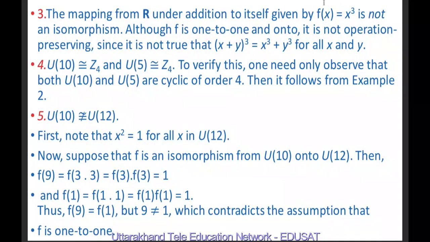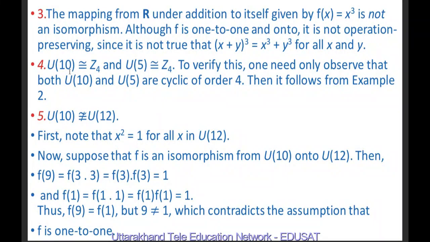Therefore, the mapping is not operation preserving, since it is not true that (x plus y) whole cube is equal to x cube plus y cube for all x, y belonging to the set of real numbers. This never holds.